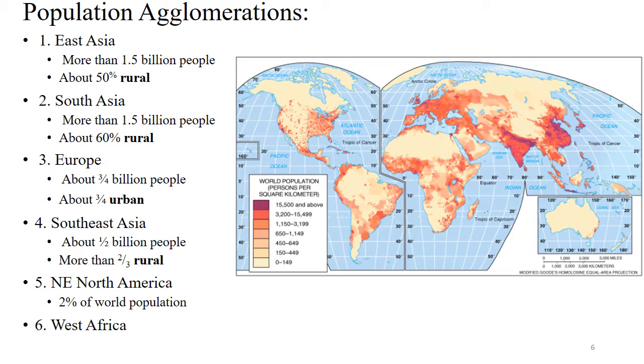Depending on where you are in the world, the kinds of features that are attracting these concentrations of people might vary, right? In a very general sense, in East Asia and South Asia, largely you find these concentrations of people along physical features, like the Yellow or Yangtze rivers in East Asia, the Indus and Ganges rivers in South Asia or within India and Pakistan.